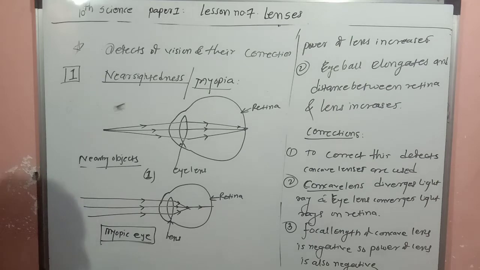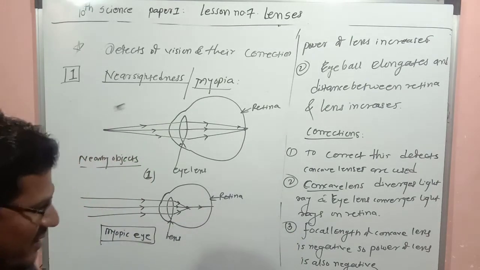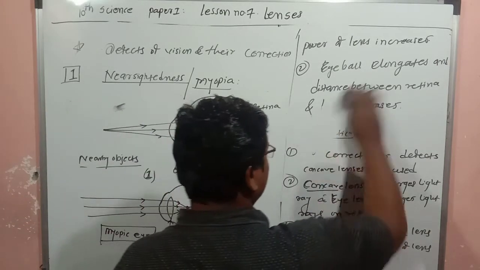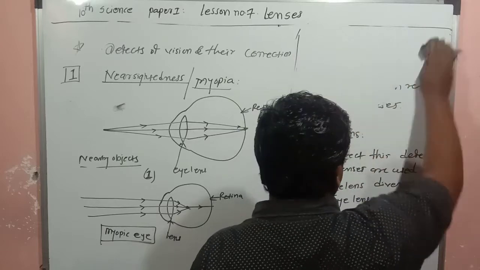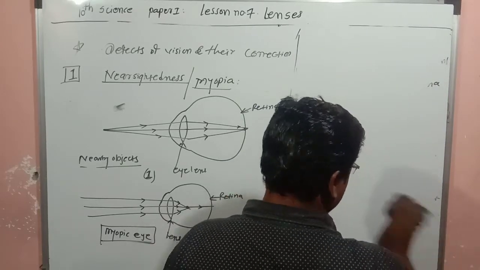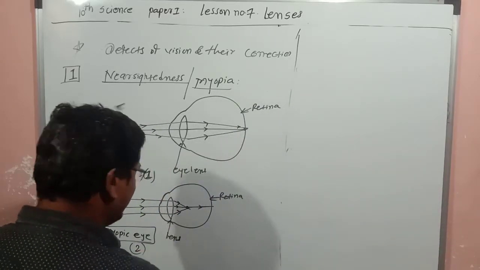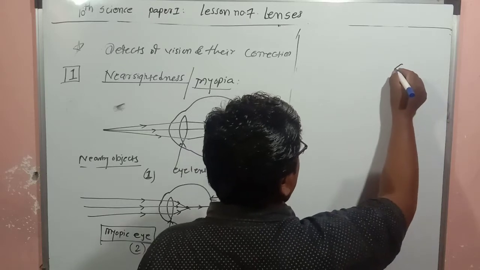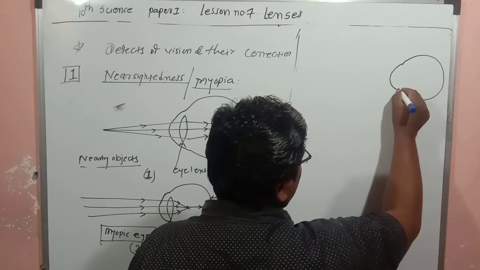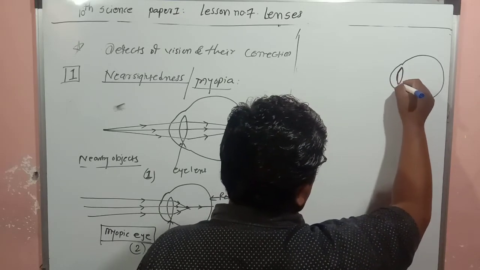To correct this defect, we have to use concave lens. And if you use concave lens, then what happens? That one I am going to draw here. Third diagram, after correction. This one will be cornea, this one will be eyeball, then here will be the convex eye lens.